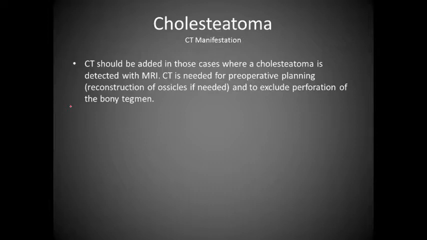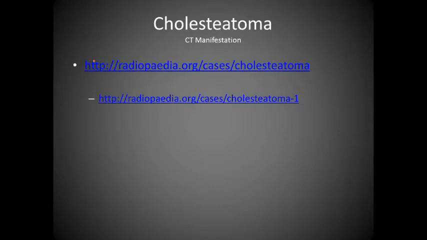CT should be added in those cases where cholesteatoma is detected with MRI. CT is needed for preoperative planning, such as reconstruction of the ossicles if needed, and to exclude perforation of the bony tegmen. So usually cholesteatomas are found with MRI, and then CT is added as an afterthought to assist in surgical planning.